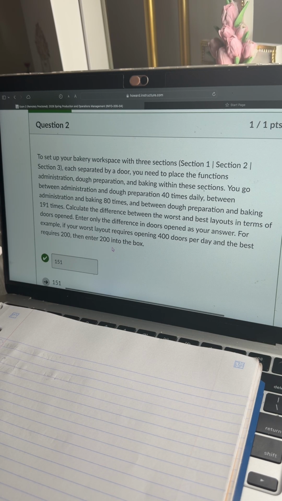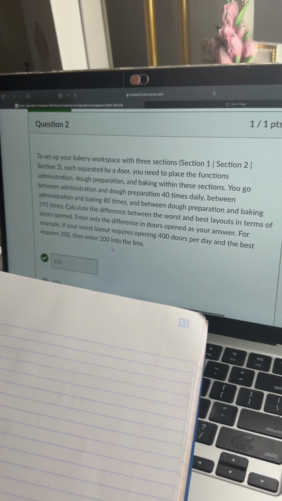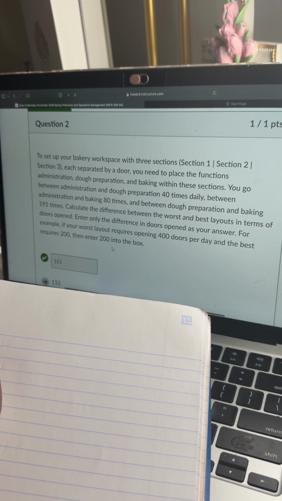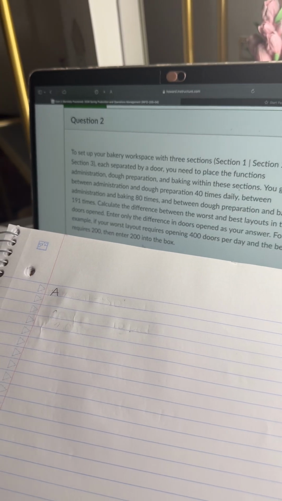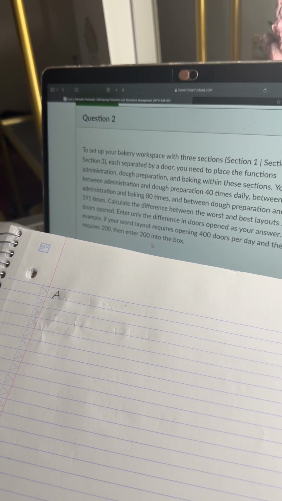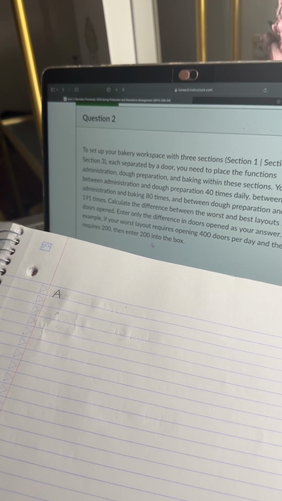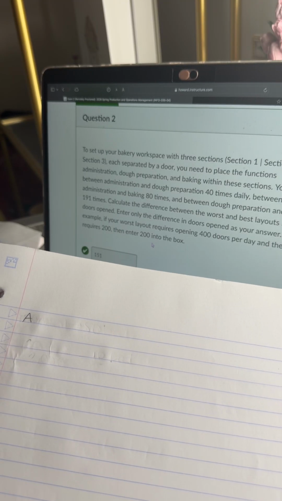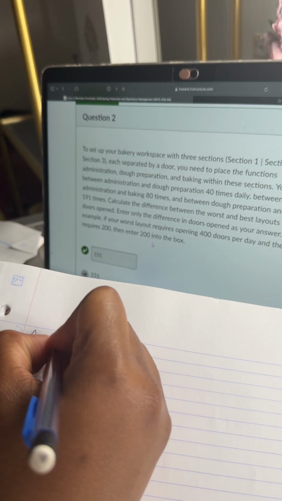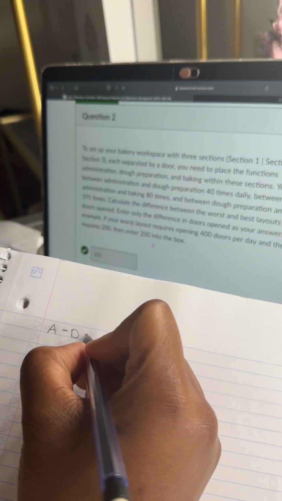Okay, so how I like to start it off is I'm gonna name administration A, and then dough is gonna be D, and then baking is gonna be B. So I like to see how many steps it takes to go from each section to each section. So to go from administration to dough preparation, I like to write it like that, I put a little arrow.